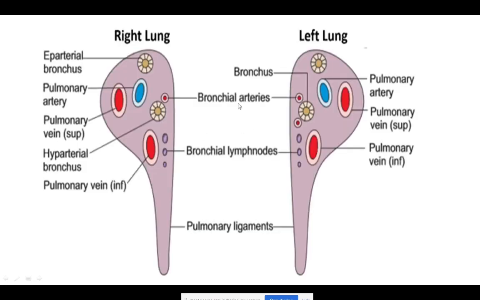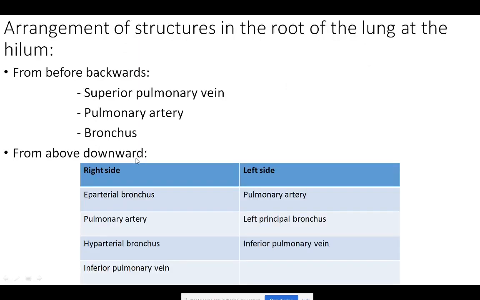Okay. Then the pulmonary veins, superior and inferior. There are two pulmonary veins on each lung, superior and inferior pulmonary vein.